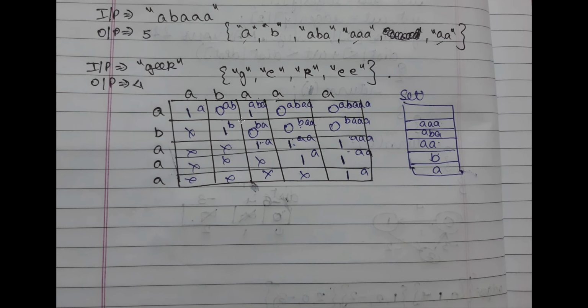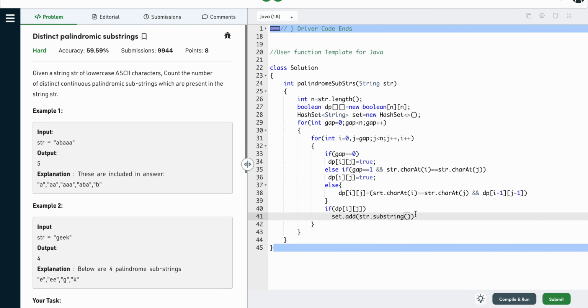Here you can see whatever the content will be, starting from i till j, for the third row and third column, starting from a till this, like a b a. Starting from i till j, all the characters of the string str should come. But the substring will not include the last character, so we have to add a +1 so that it checks till j. Now all the brackets are correct.